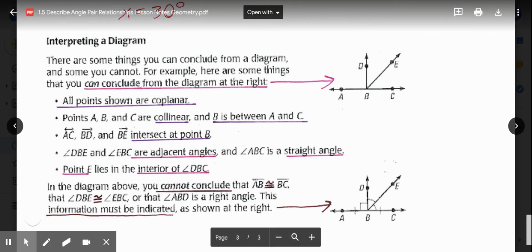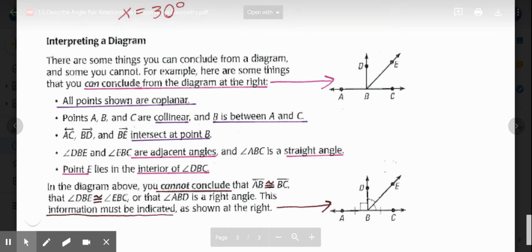So DBE and EBC look like they may be congruent, but we don't have any symbols or measurements, so we cannot say that they are congruent. We also cannot say that angle ABD is a right angle.